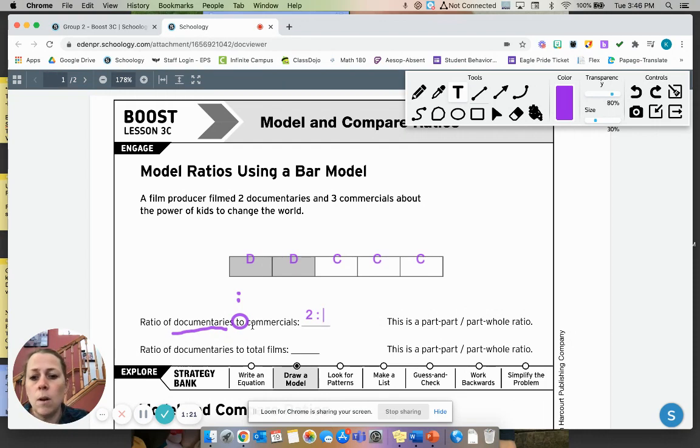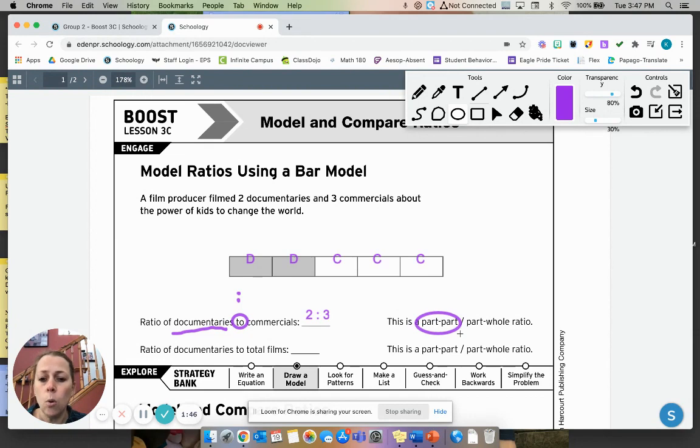Then we need the number of commercials, because commercials comes behind the word "to". How many boxes for commercials do we have? We have 3. Now we have to think: is this a part to part or a part to whole? Part to part means 2 different things. Documentaries and commercials are 2 different things, so this is going to be a part to part ratio.